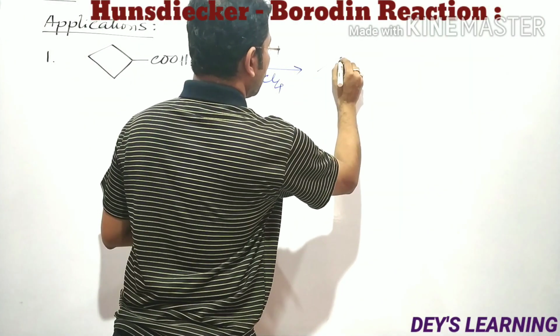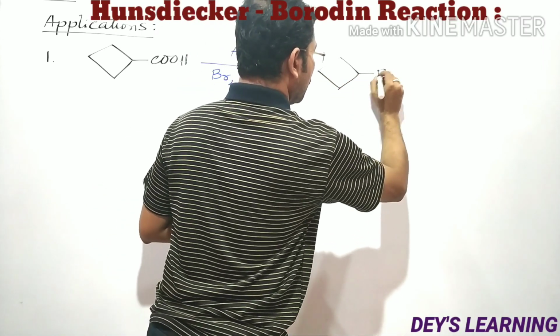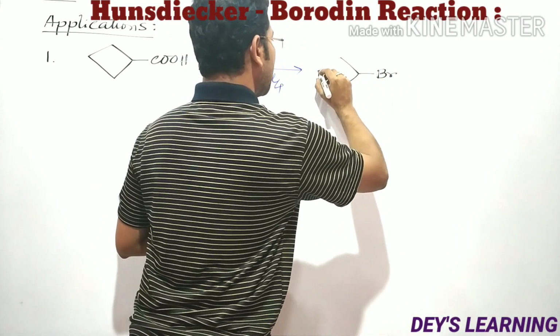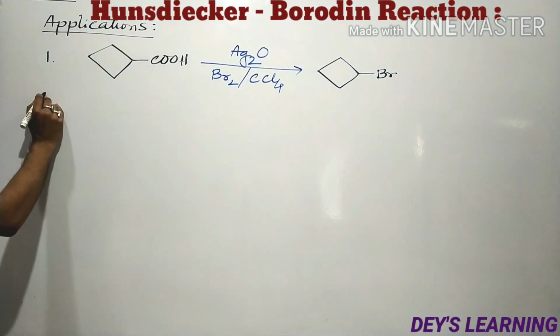As a result of that, we get this compound, cyclobutyl bromide.